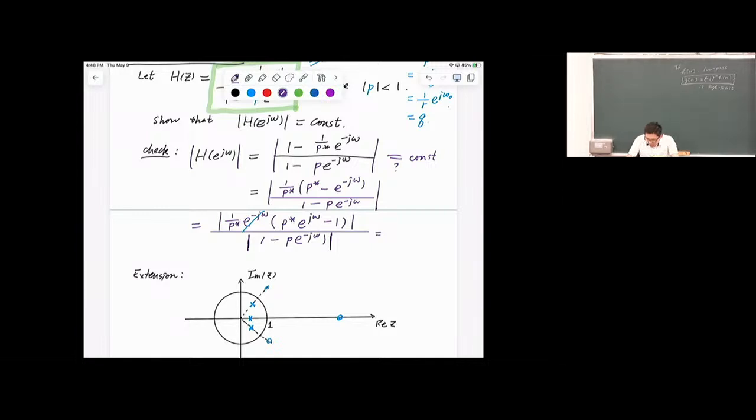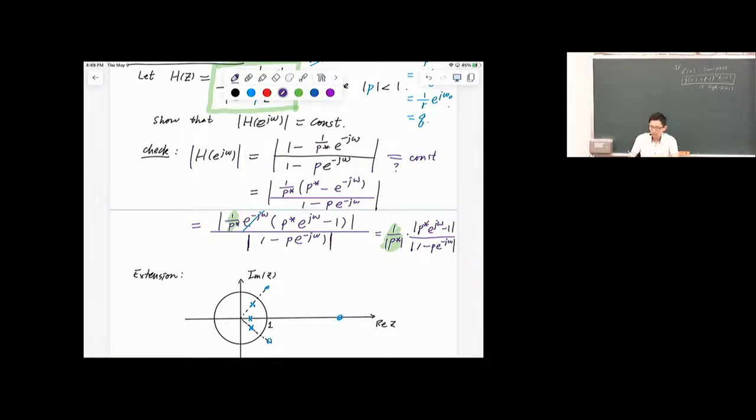We have 1 over p on the outside. I'm going to isolate this term to the outside of everything and focus on the inside. On the inside, on top, we have p conjugate e j omega minus 1, and at the bottom, we have 1 minus p e minus j omega.